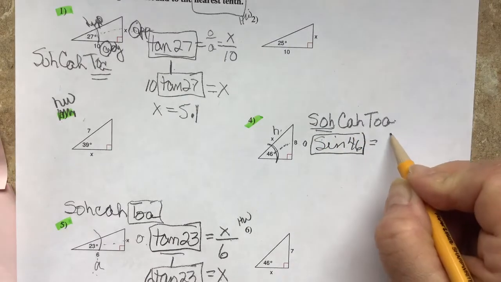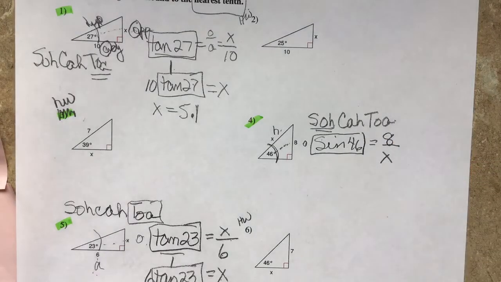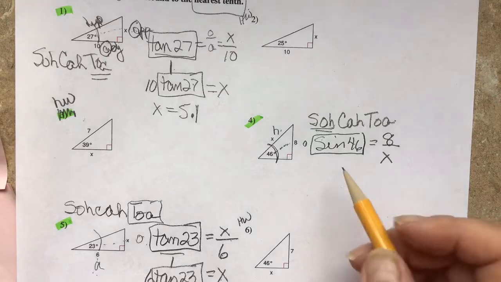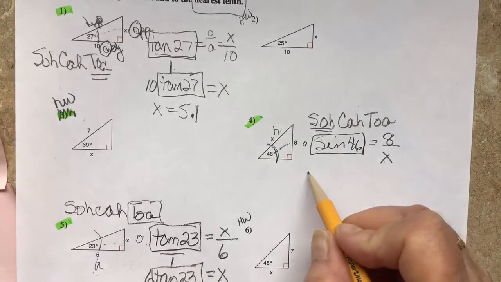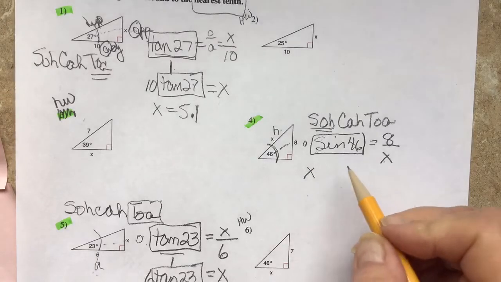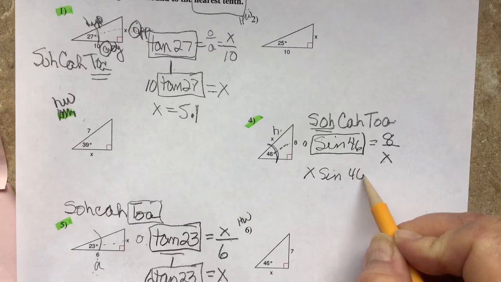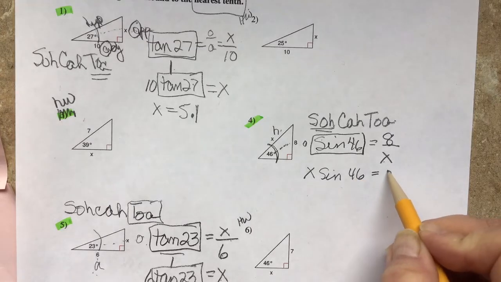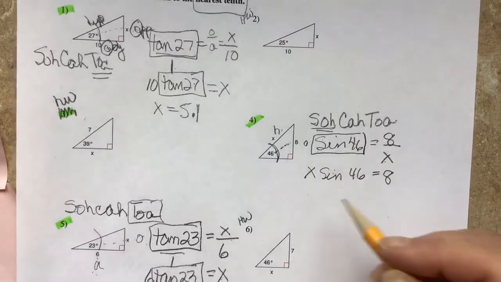equals opposite over hypotenuse. All right, if we follow the same method, the x will go in the front. So when I cross multiply, I get x sine 46 equals 8. Now, the name of the game is get that x by itself.